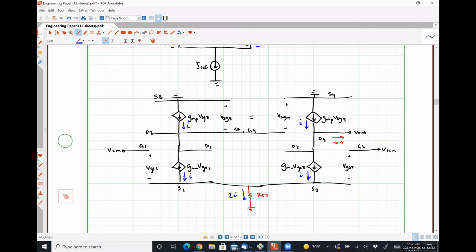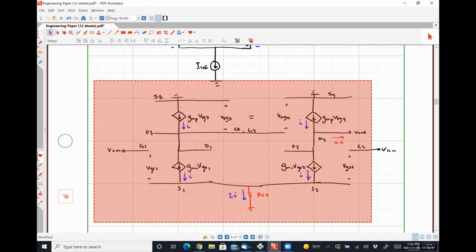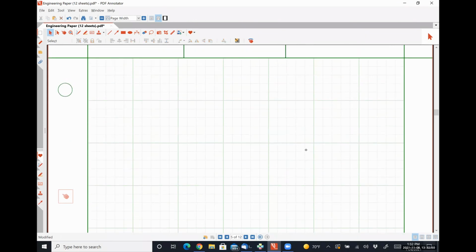All right, so we have an understanding qualitatively of what is going on here when we apply a common mode signal. So what if we change this and apply a differential mode signal? Is our small signal model going to change at all? No, the only thing that changes is our input quantities, right? So let me make a copy of this, and we'll tuck it in right here.